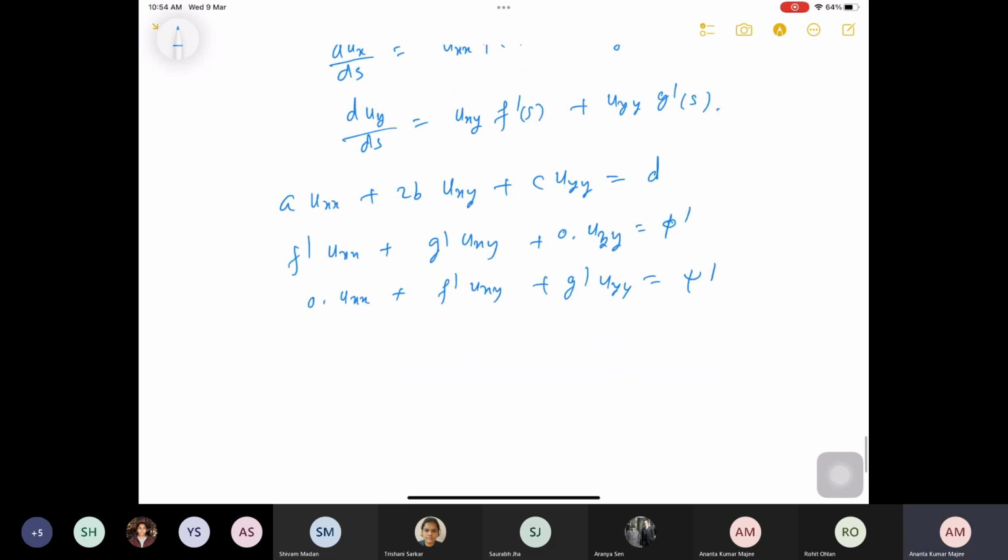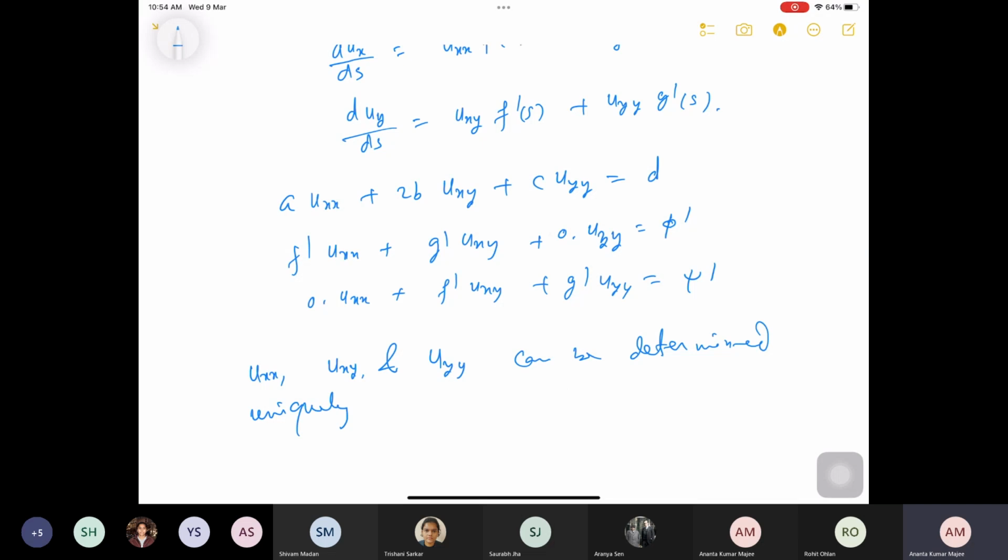Okay, so thus u_xx, u_xy and u_yy can be determined uniquely, because you can write this in matrix form, no?